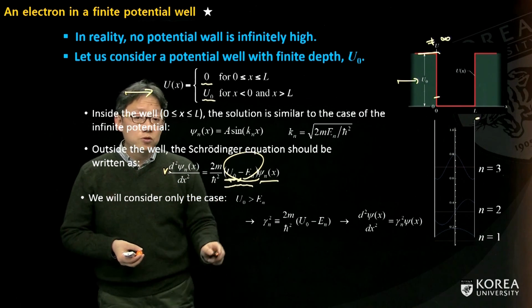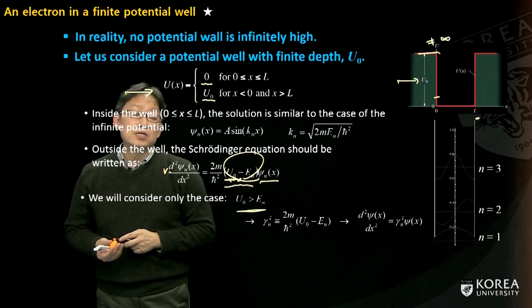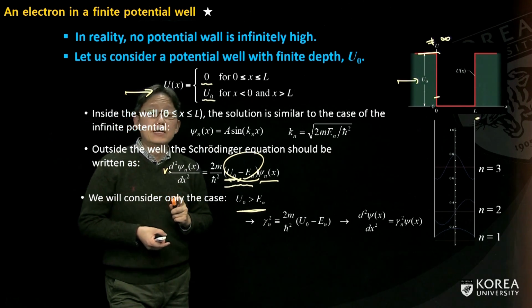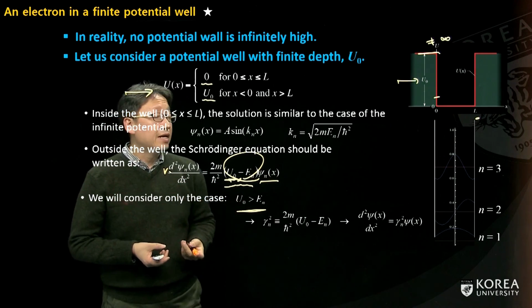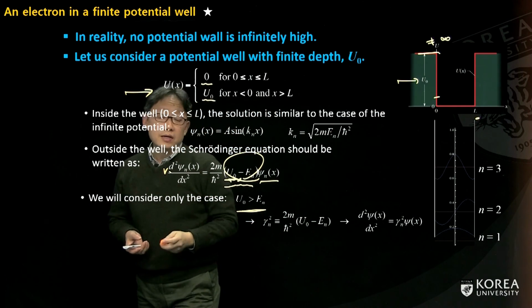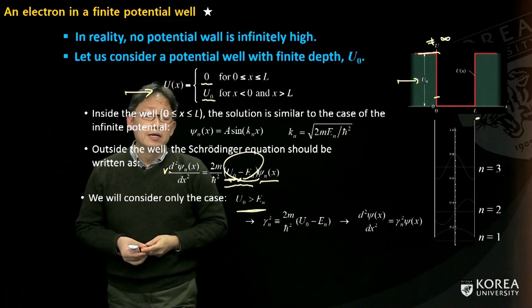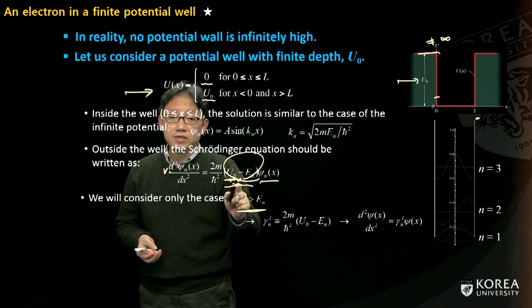Now, in this online lecture, we will only consider the case where the height of this potential well is still much larger than the total energy, which means that electrons are pretty much close to the bottom of the well. And I will leave the other case to your homework. So in that case, we have a positive number for this part.